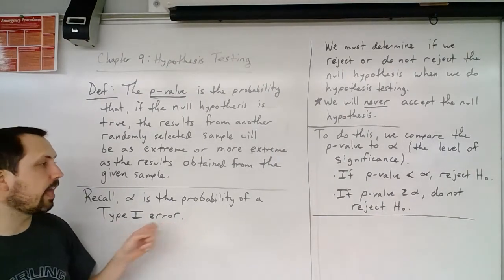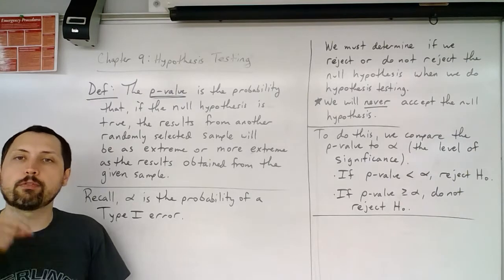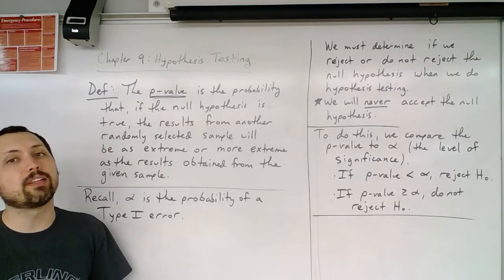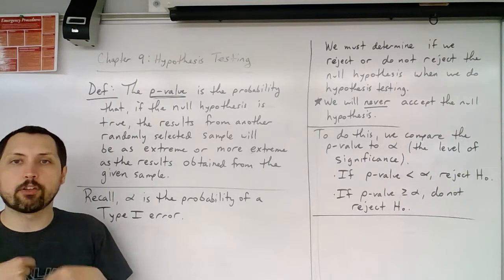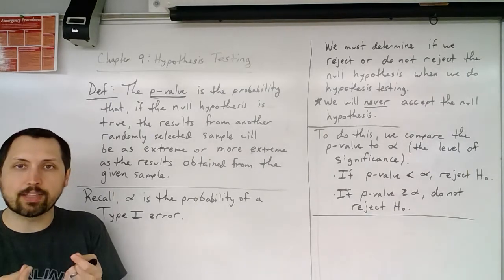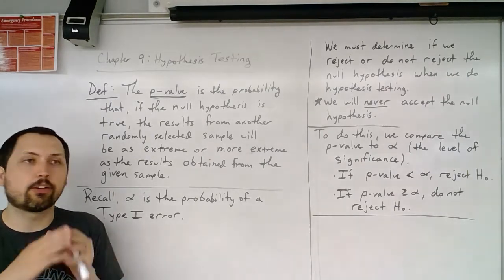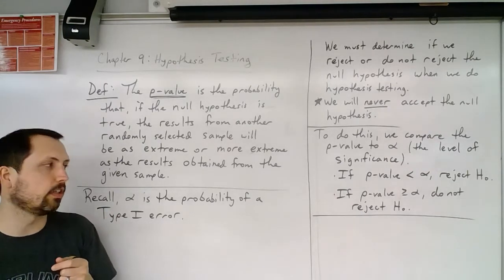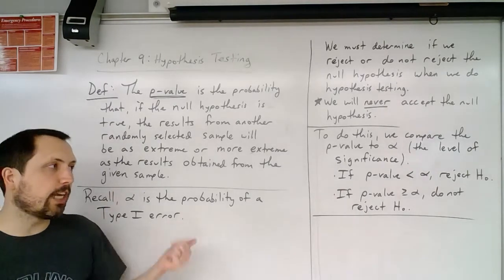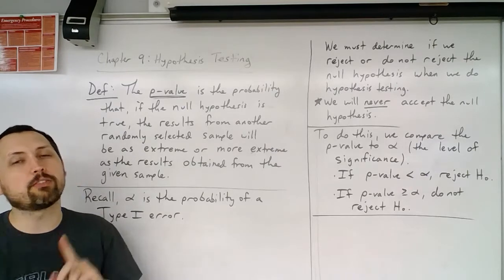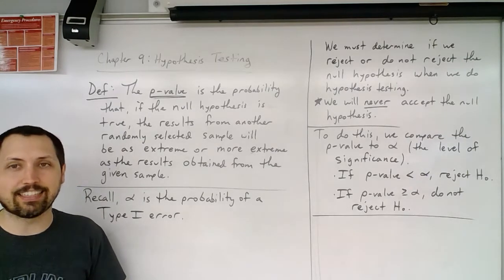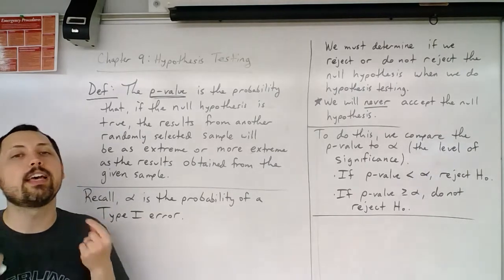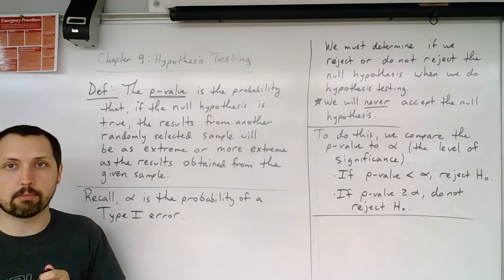A type 1 error is the choice where we reject the null hypothesis, but it's actually true. If the null hypothesis is actually true, then there is no difference, there is nothing going on that's different than what we assume is true about the population. So if we reject it, we think there's something different, but in reality there isn't. The only reason there's a difference is just due to random chance from sampling error.